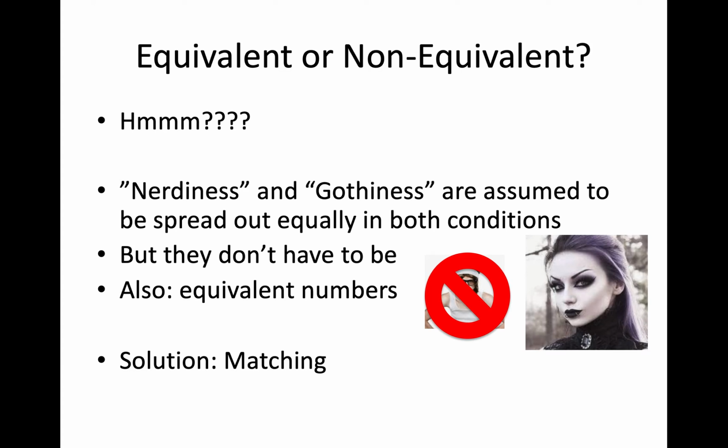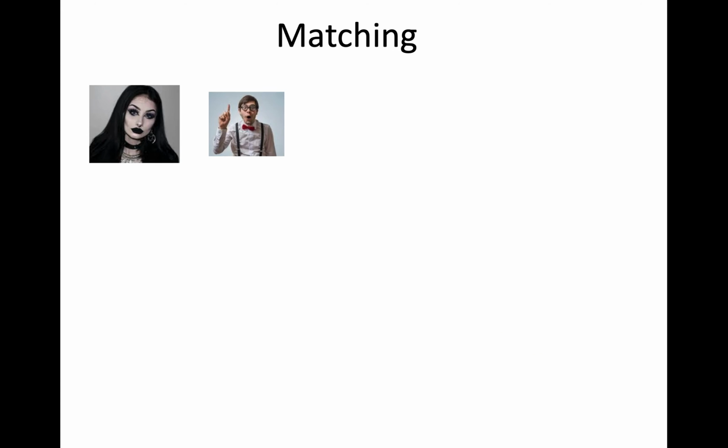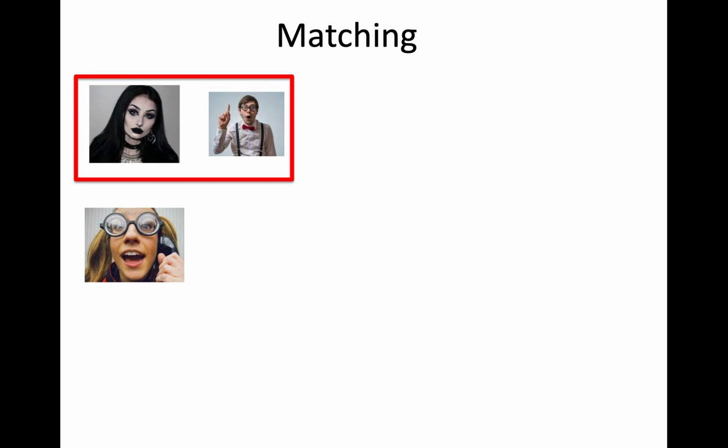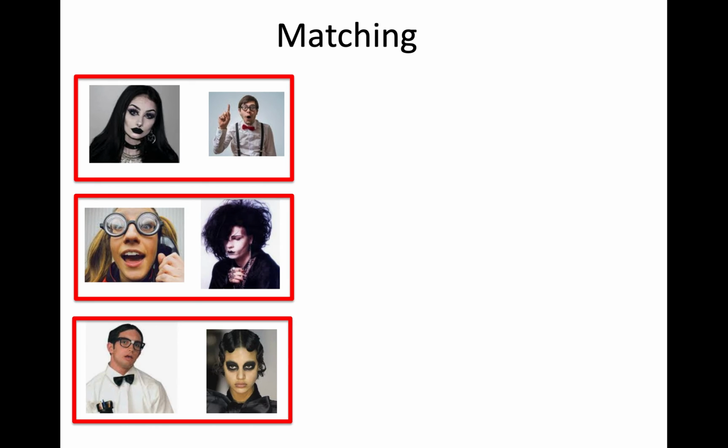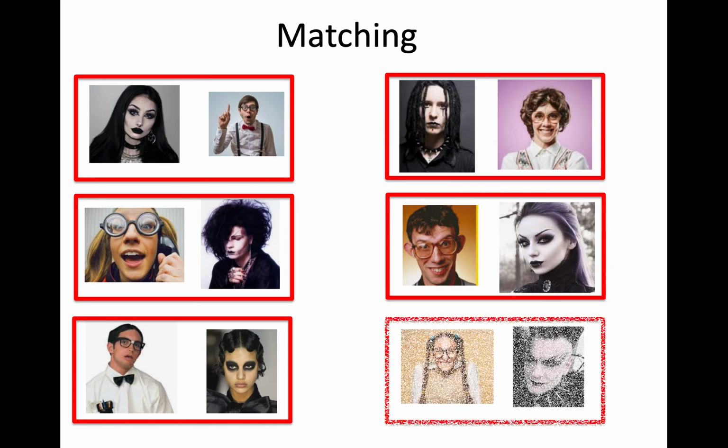The second solution, matching: what we do is we pair or match a goth with a nerd, a goth with a nerd, a goth with a nerd, a goth with a nerd. So we have pairs of participants matched on this variable of nerdy gothiness, right?